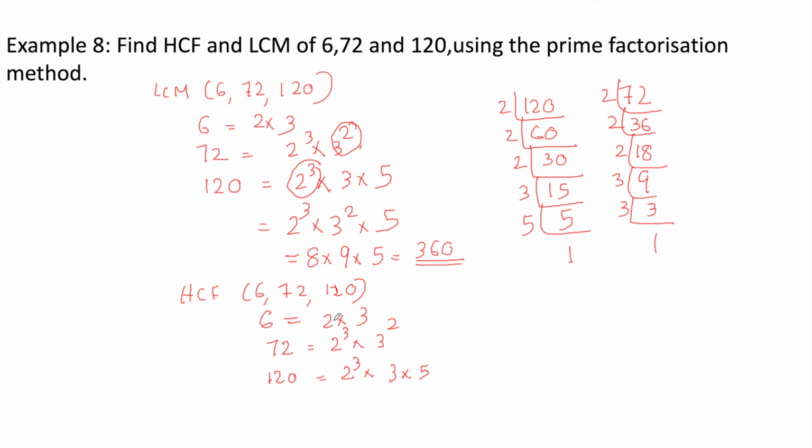What are the common factors here? 2 and 3. They repeat in both numbers, right? For 2, what is the smallest power? It is 2 cube. For 3, the smallest power is 3 only. 5 we don't consider because 5 is not a common factor. 2 into 3, answer is 6. So the HCF is 6, LCM is 360.